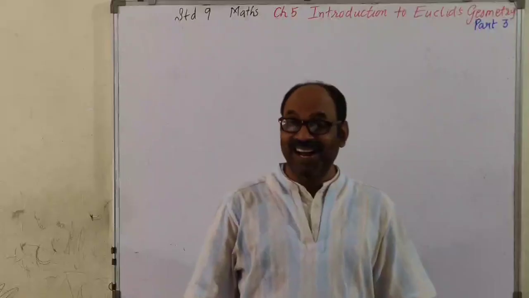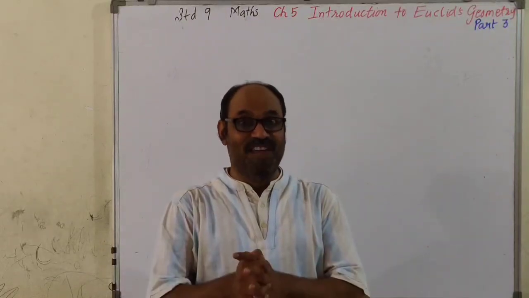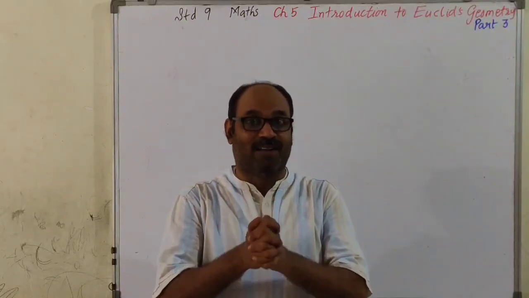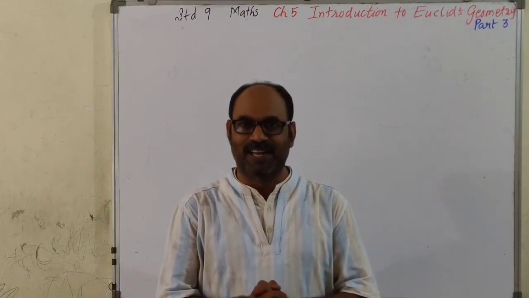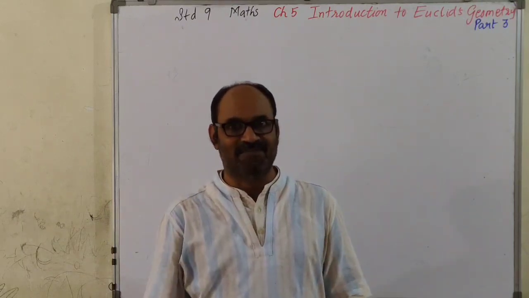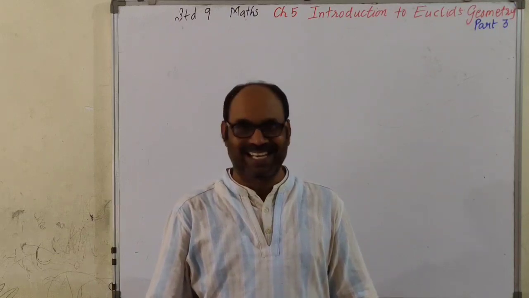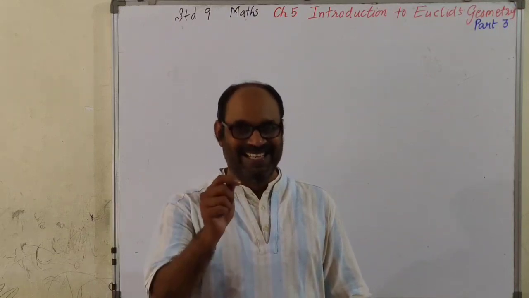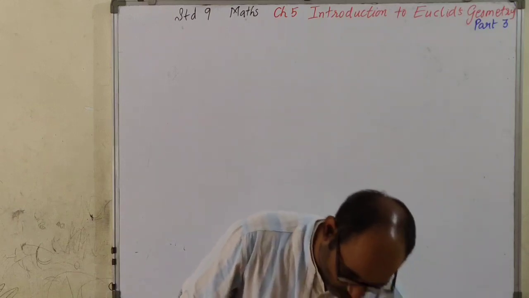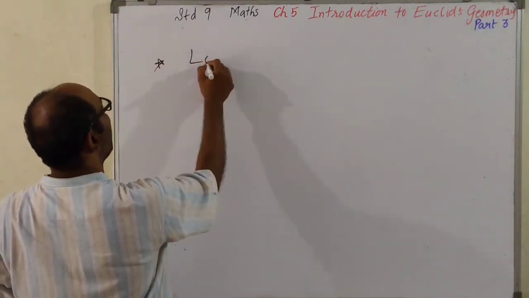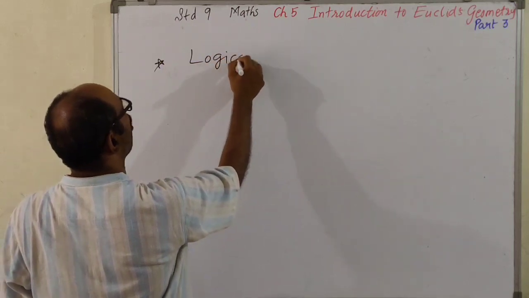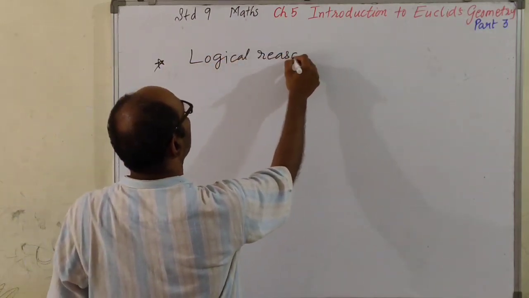Sure. All right. So now we move on to the fourth part of new structure of geometry called Euclid's geometry, and that is theorem. But still, something is required before we move to theorem. If you remember, I was talking about logical reasoning.